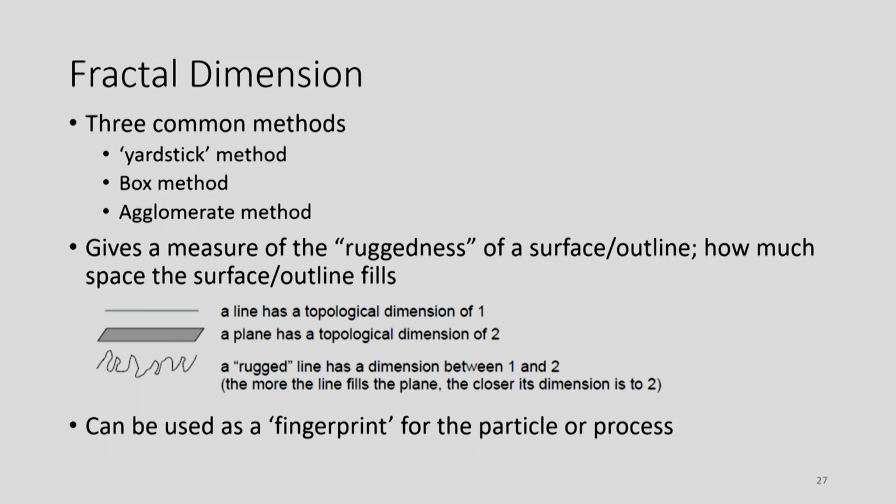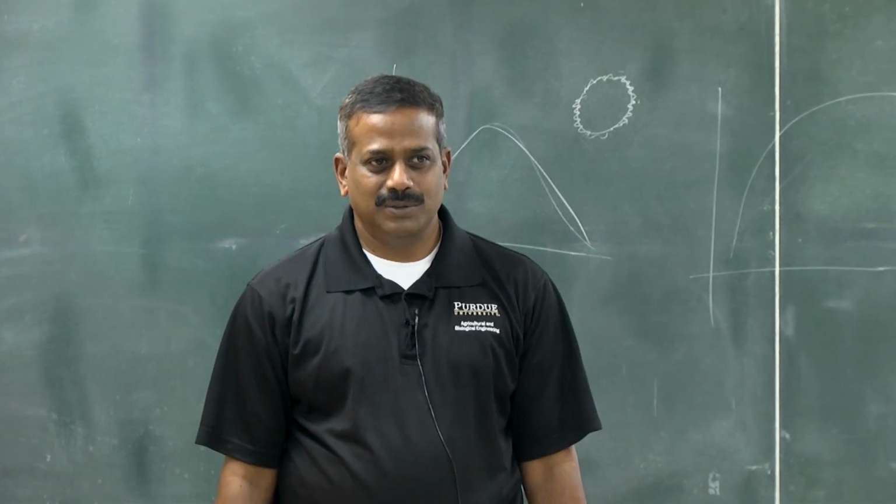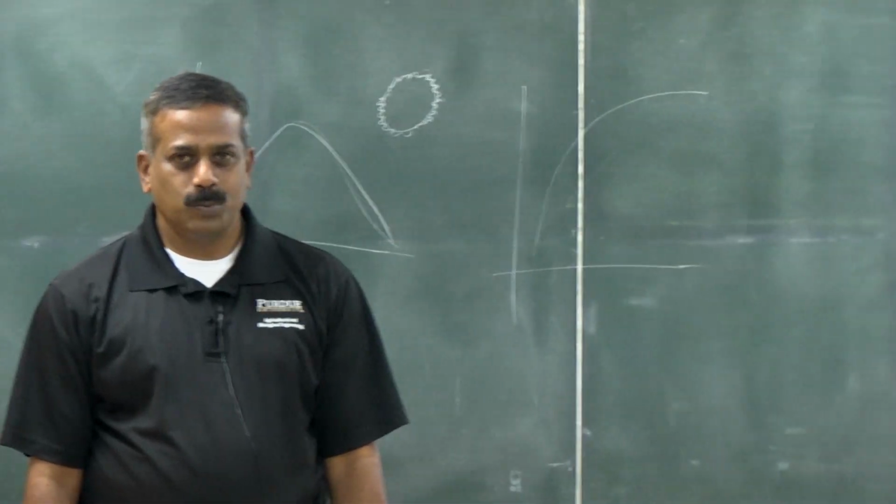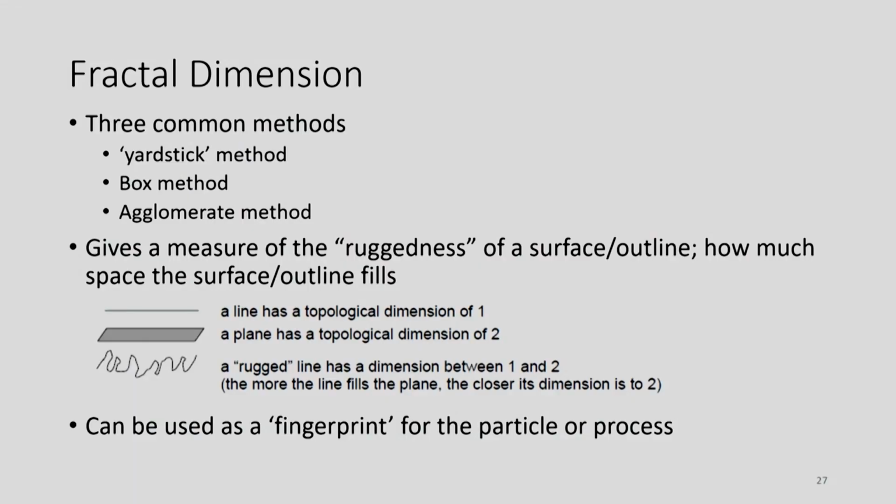Do you know how the world atlas was first drawn? The map, the world map. How do they know how much area, or the distance it covers? I think the first method they used was the yardstick method.